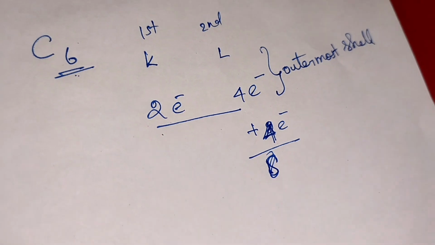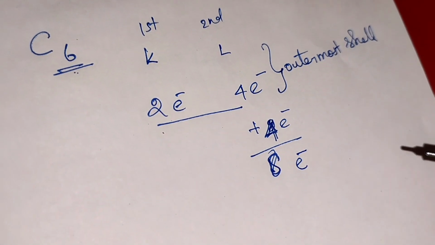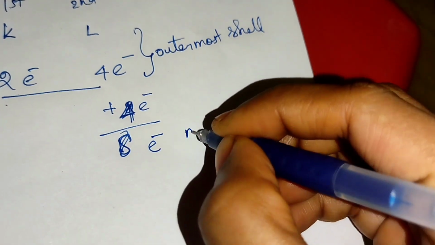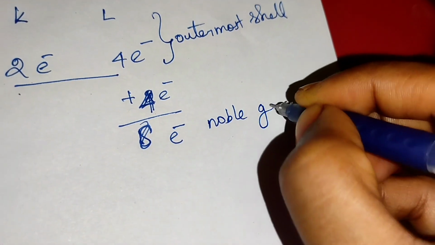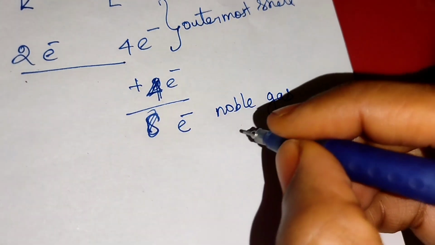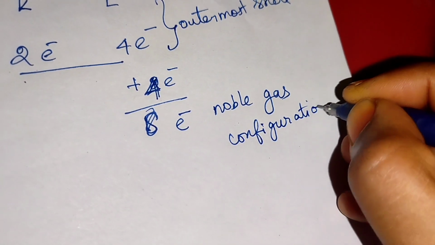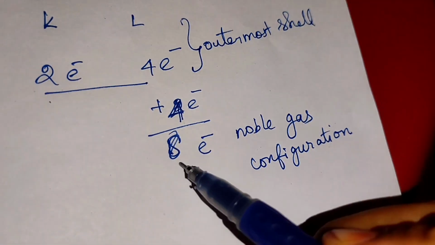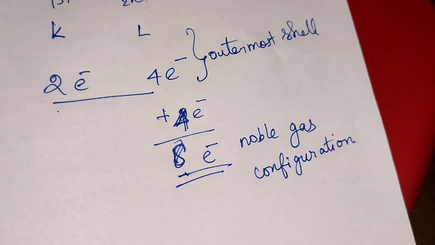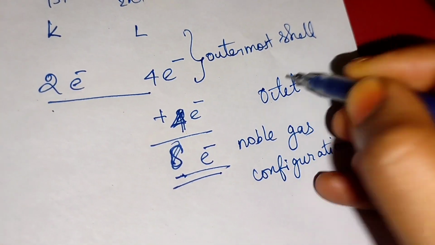Finally, in the outermost shell, it contains 8 electrons, which means it will get the noble gas configuration. I already told in the previous video and previous chapter what is octet and what is noble gas configuration. If the outermost shell contains 8 electrons, that is known as noble gas configuration, and it is known as the octet level.